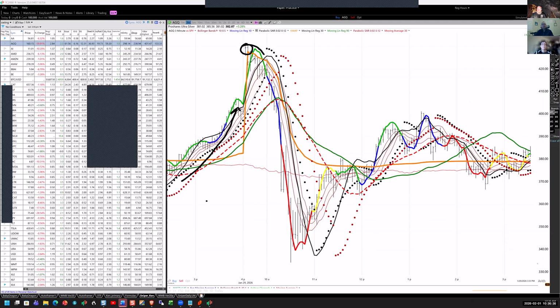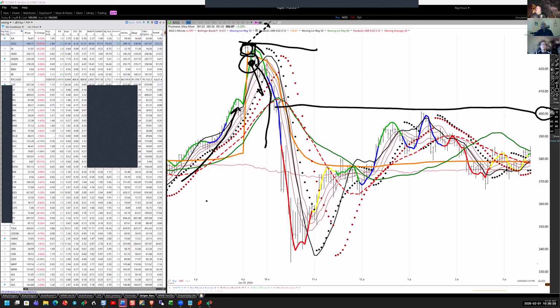So I ended up getting short in this one when it gave this bracket, and then there was no upside at all and it started failing. So I get short there with the stop above the high. And then this was like at 400, where I exited all swings.